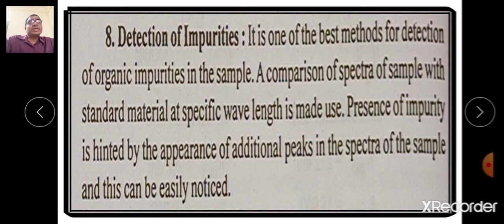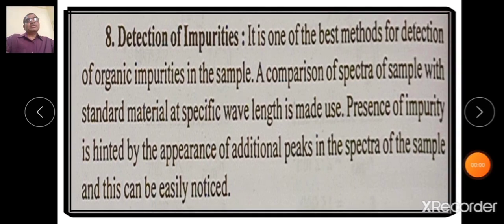Presence of impurity is hinted by the appearance of additional peaks in the spectra of the sample, and this can be easily noticed. That is, the standard gives regular peaks, while the sample, if it contains impurity, will give additional peaks, and thus we can identify whether the sample contains impurity.